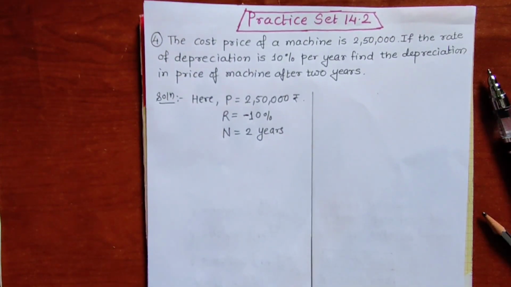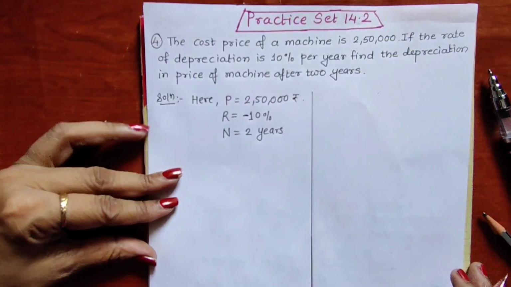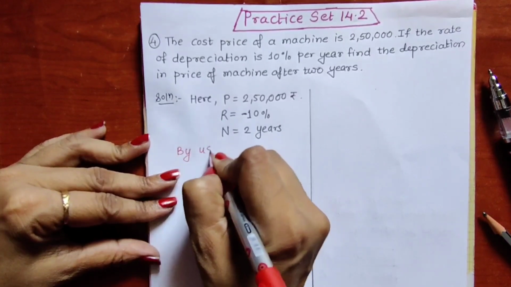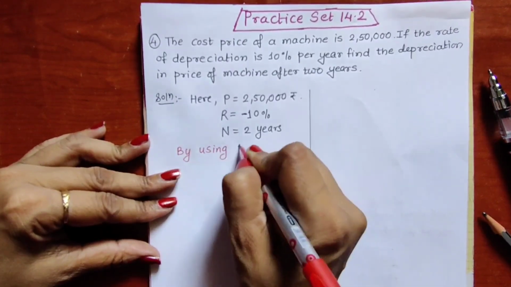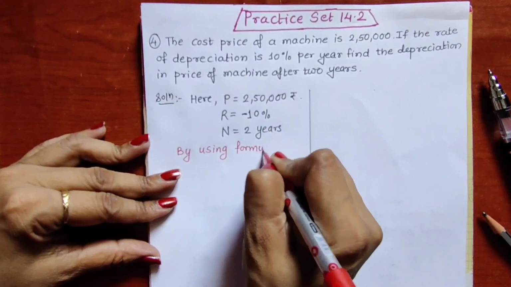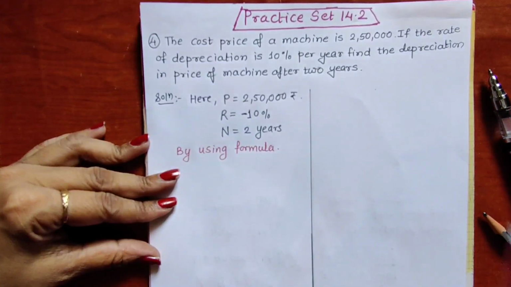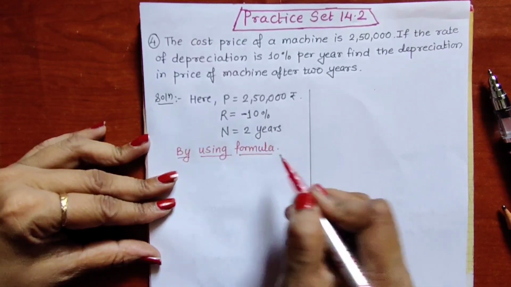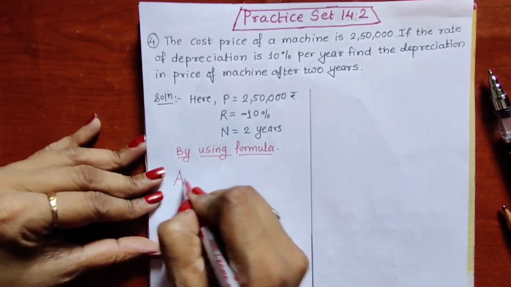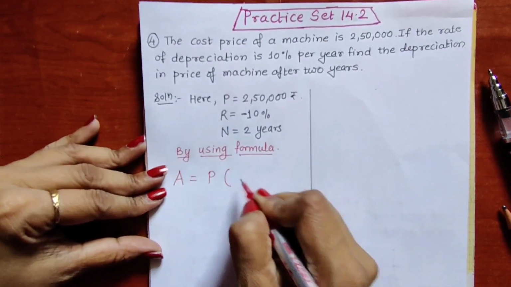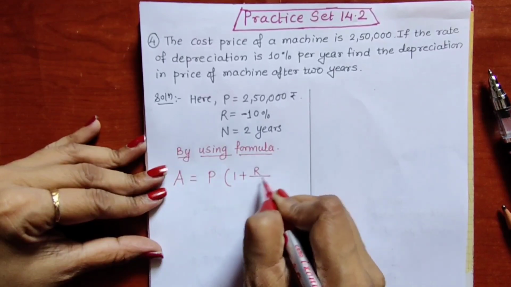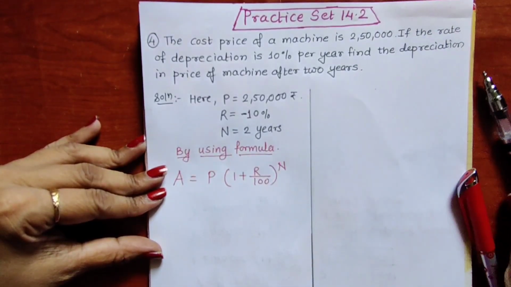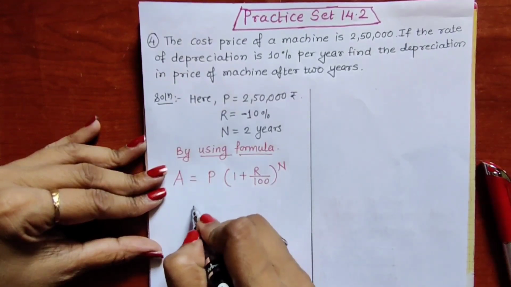Now we will be using formula. By using formula, A is equal to P into 1 plus R upon 100 raised to N. We will be substituting the values now.